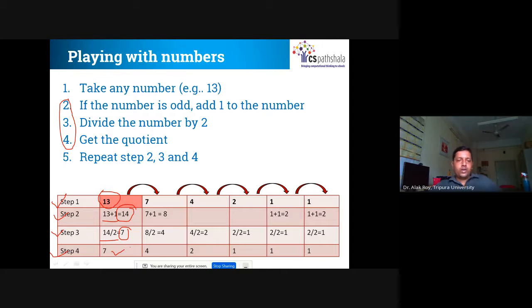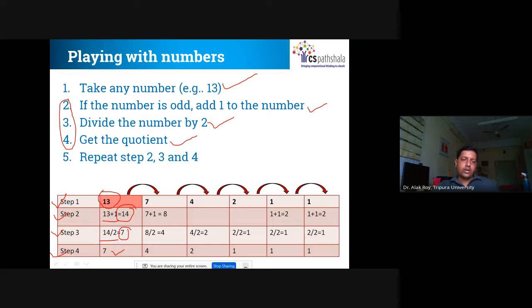Okay. So see, step 1: 13. Step 2: add 1 to 13, which is 14. Step 3: 14 divided by 2, so the result is 7. Step 4: now repeat steps 2, 3, 4.